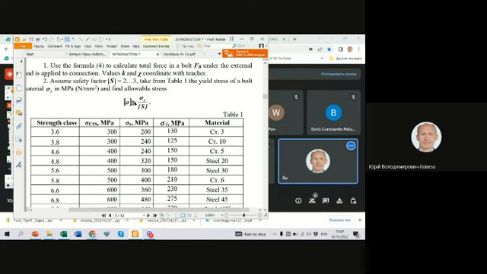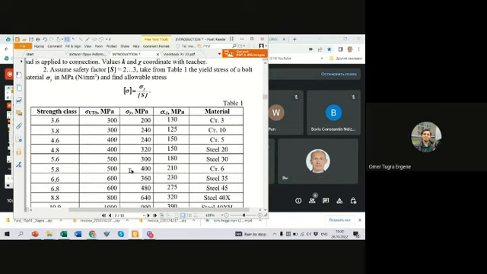It means that you should select a standard thread greater than D1 calculated. That's why I recommend you take S2. Is it clear? Okay.